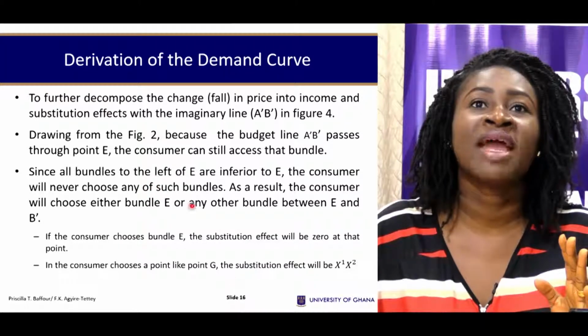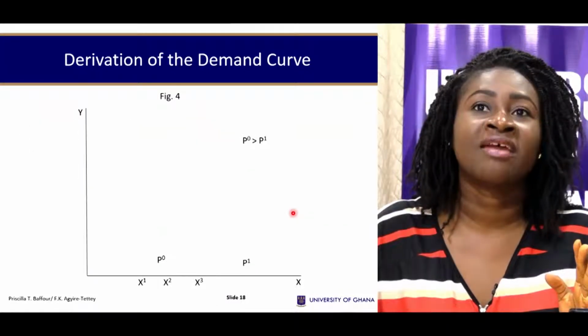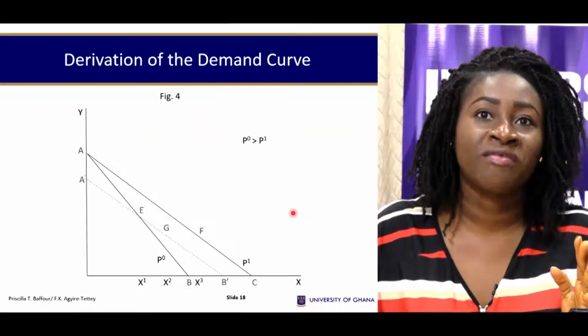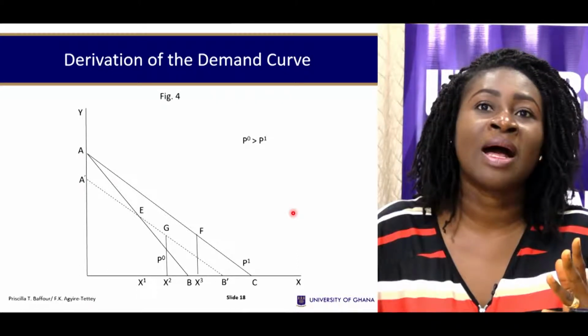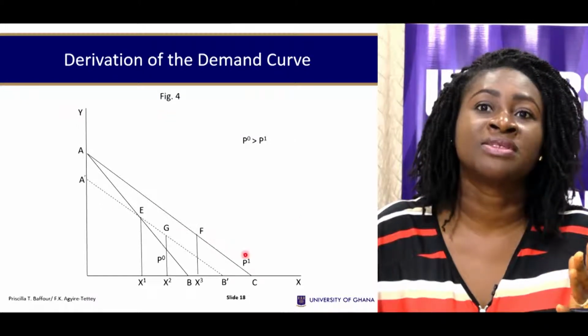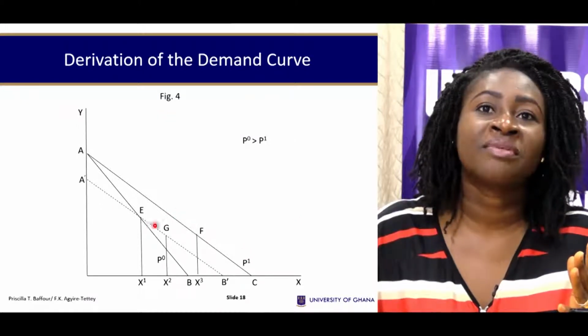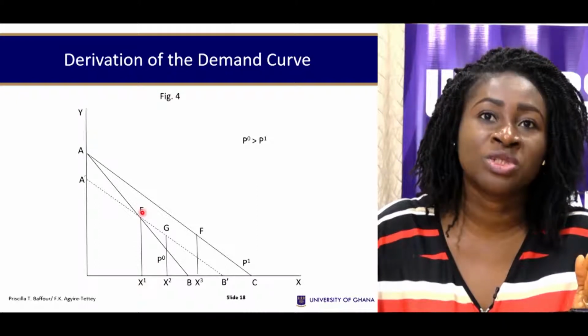In terms of deriving the demand curve, we derive the demand curve from the revealed preference approach, right? Here the same principle applies where we look at changes in the price of the commodity. With an increase in the price of the commodity, originally this was the budget constraint where point E was chosen.